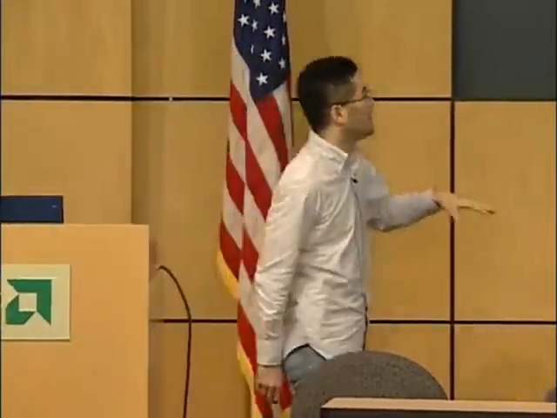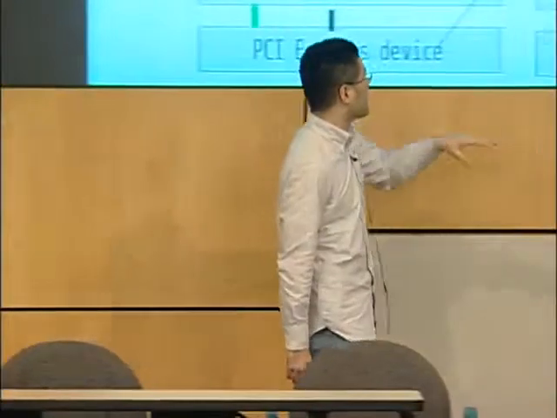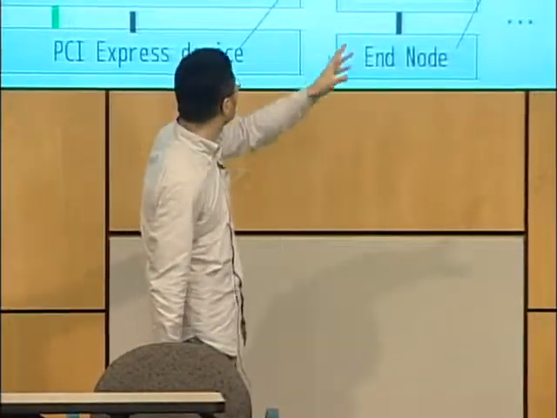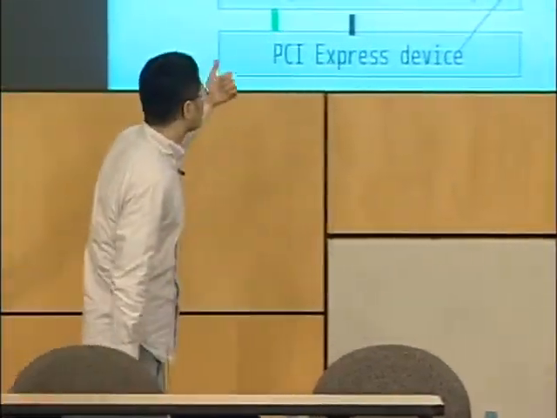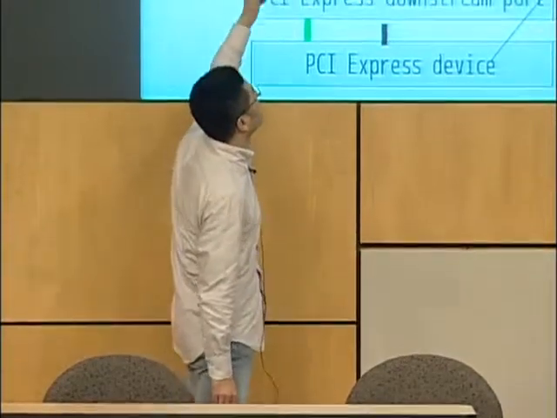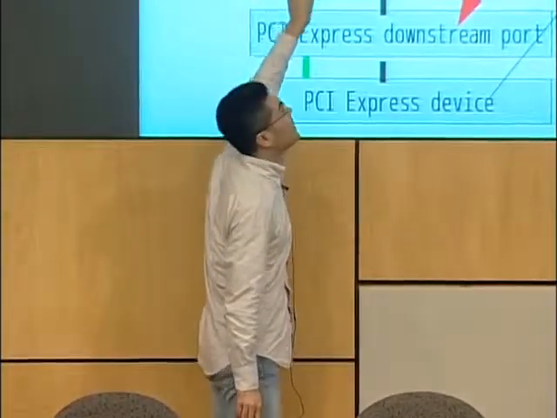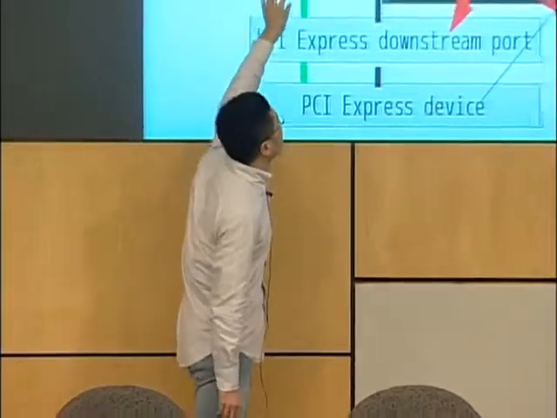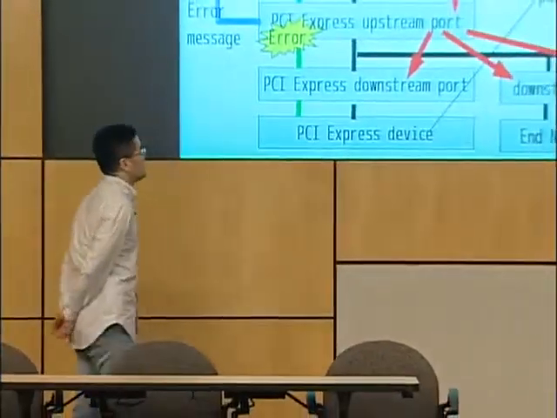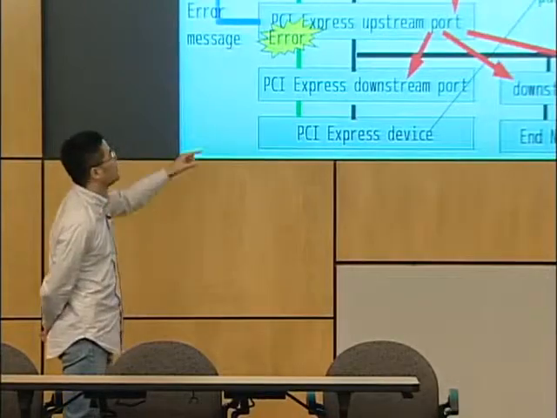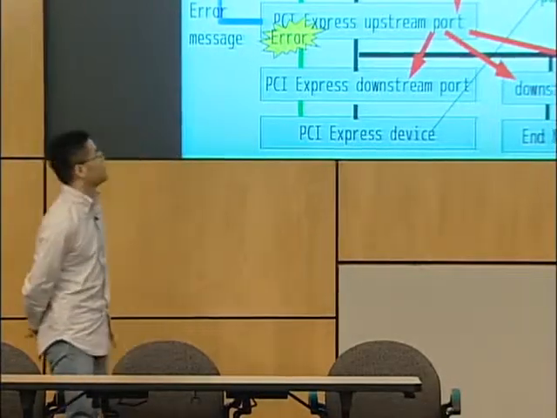So if each device is passed through to a different domain, and an error occurred in the middle of the PCI bus topology hierarchy, how to handle this reset is not trivial. Now, this is a summary. Thank you for listening.